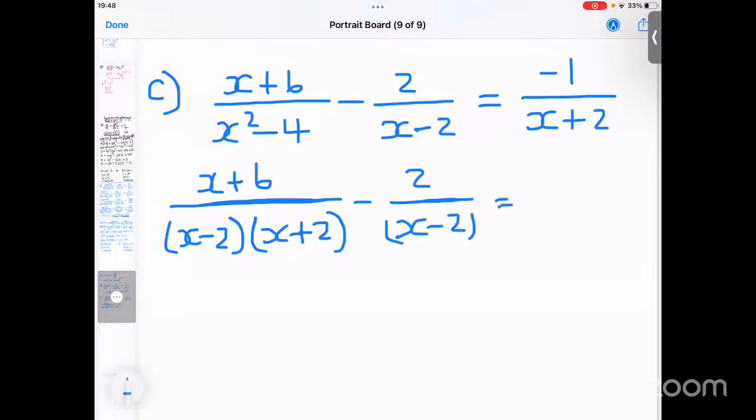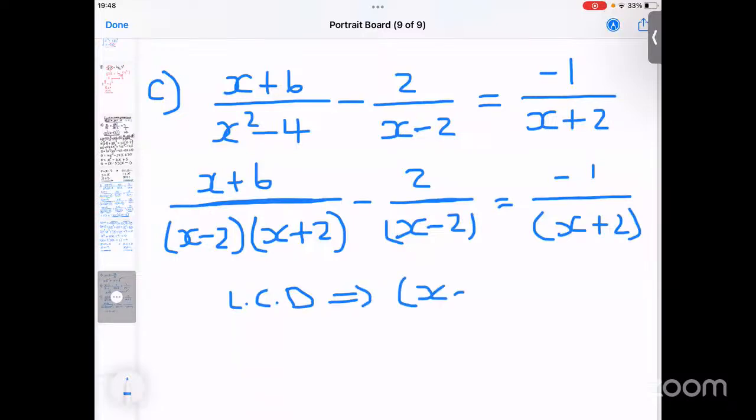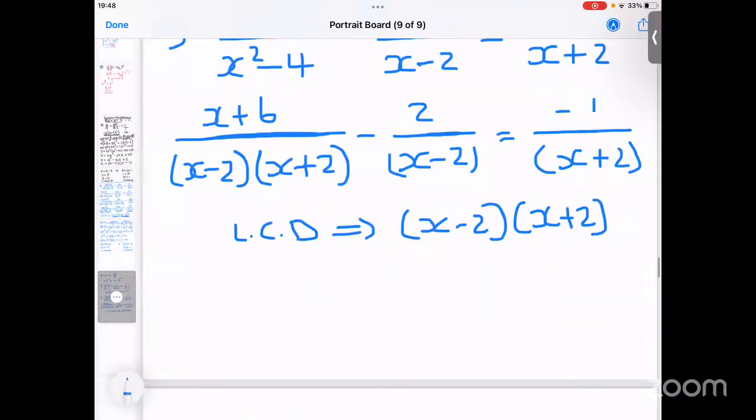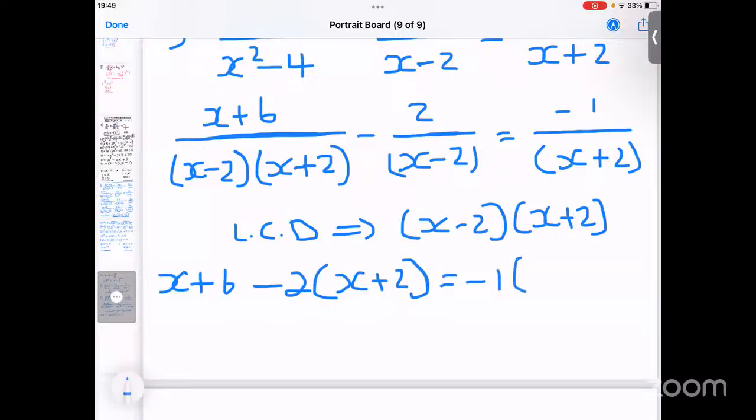So your LCD will be x minus 2 and x plus 2. It will cancel for that first one of x plus 6, minus 2 for this one. You will end up having x plus 2, which will be equals to minus 1 into x minus that.